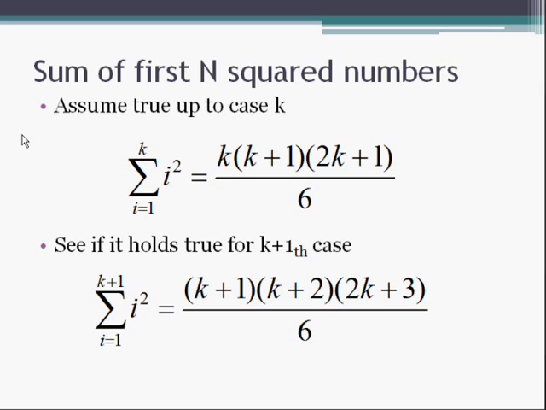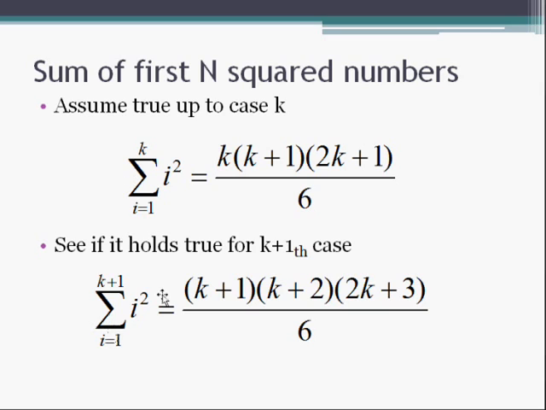So of course, we now assume that this holds true up to case k, so that the sum of the first k squared positive integers is given by the formula as we've seen it before. We just have k here instead of n. So now we need to see if this is going to hold true for the very next case up, for the sum of the first k plus 1 squares of numbers.